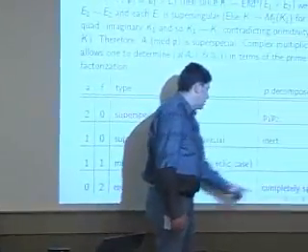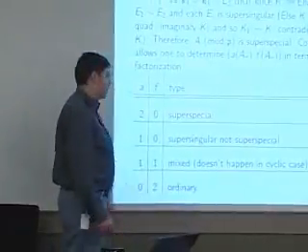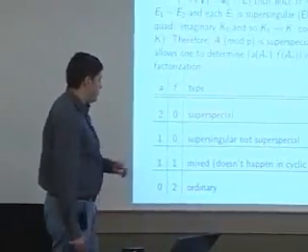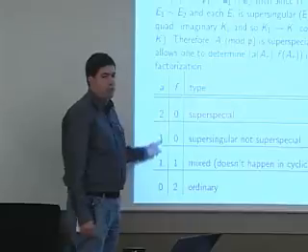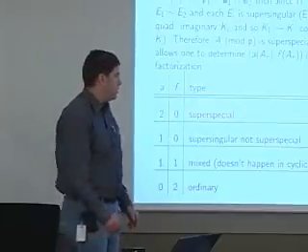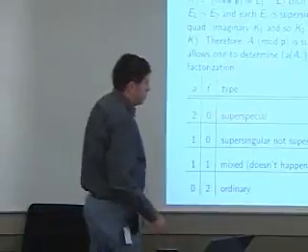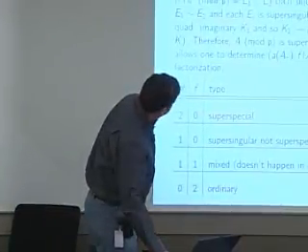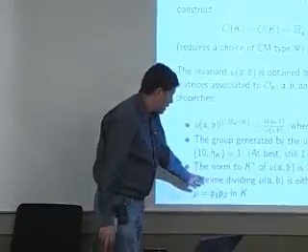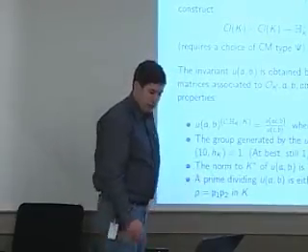The prime is completely split. It turns out you get an ordinary reduction, and if the prime is inert, you get something which is supersingular but not superspecial. So the theory of complex multiplication gives you this a priori information about which primes can divide the u_AB.